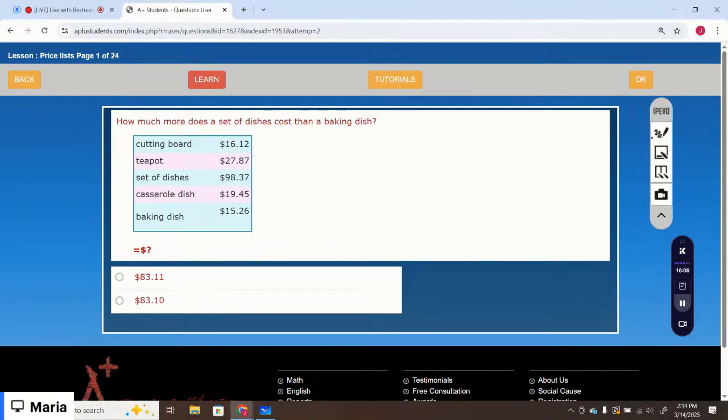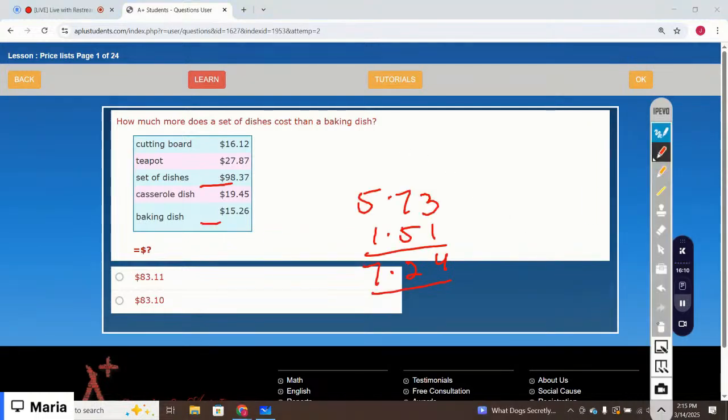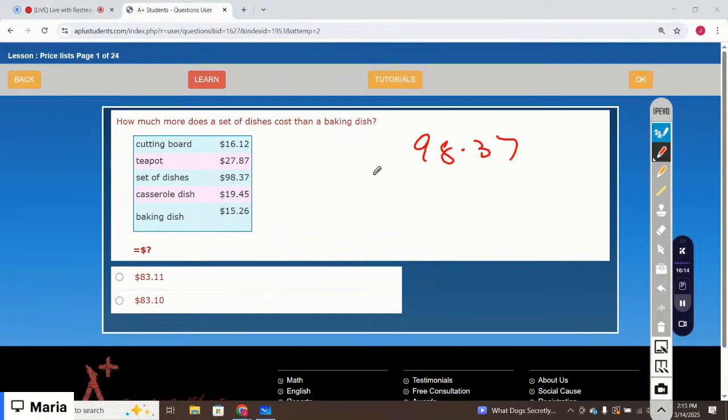So the set of dishes is 98.37 and baking dish costs 15.26. So you just have to subtract. 7 take away 6 is 1, 3 take away 2 is 1, 8 take away 5 is 3, and 9 take away 1 is 8. That is 83.11. Option number 1 is the correct option.